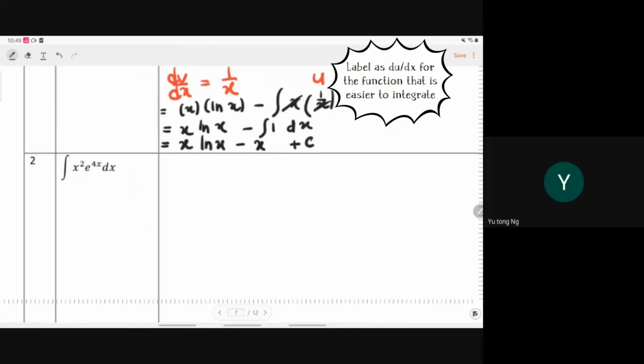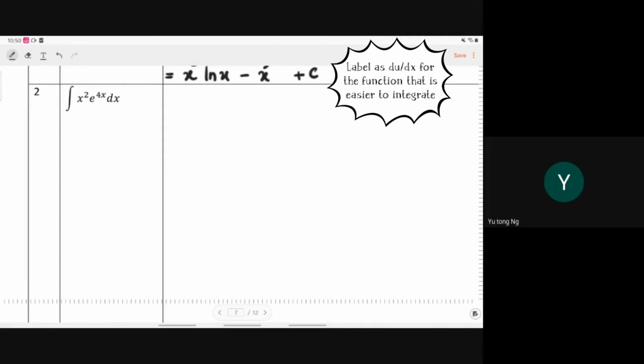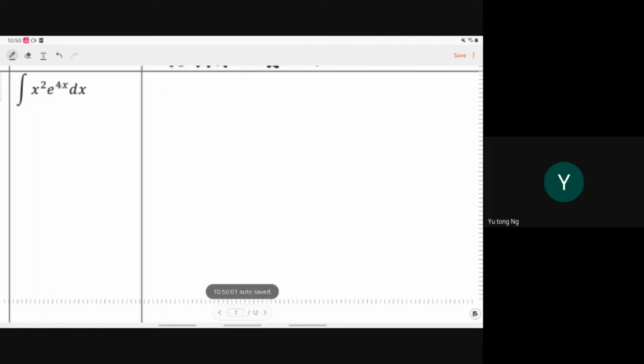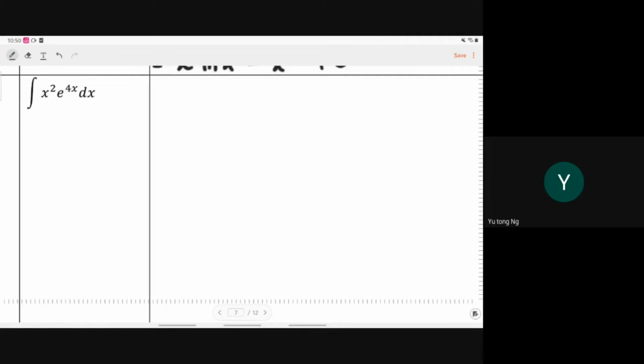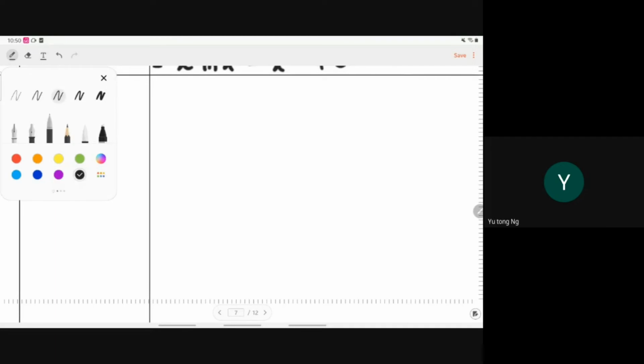So that's your final answer. Okay, what about x squared e^4x dx? Here, which one is harder to integrate? So you have to choose. Biasanya, kalau yang ni dia akan jadi 2 kali integration. So kita akan gunakan kita punya v as e^4x.